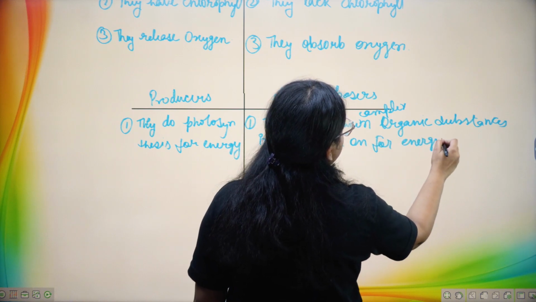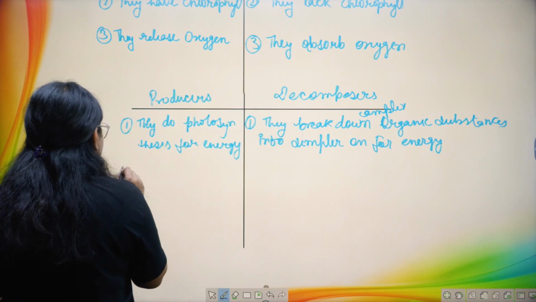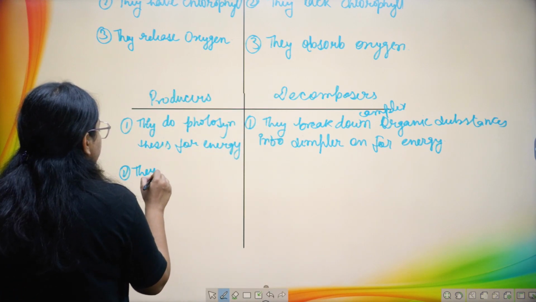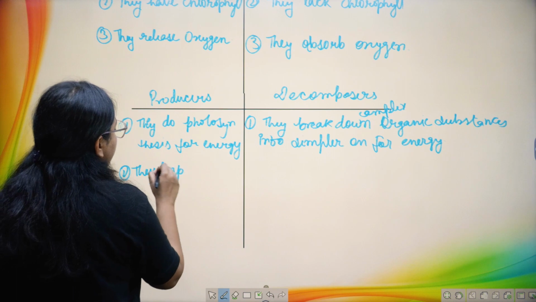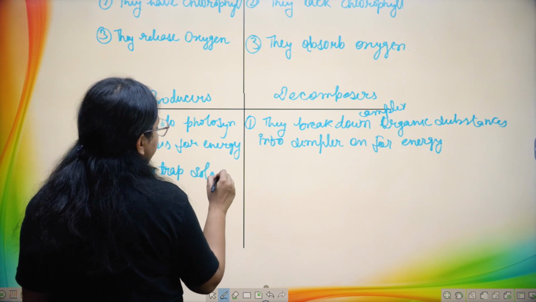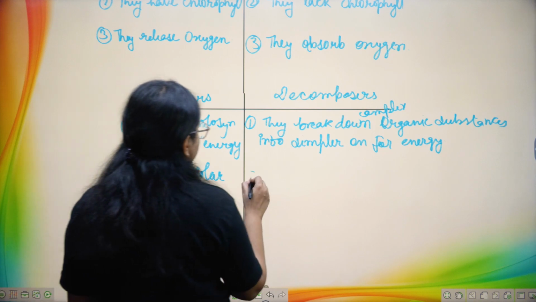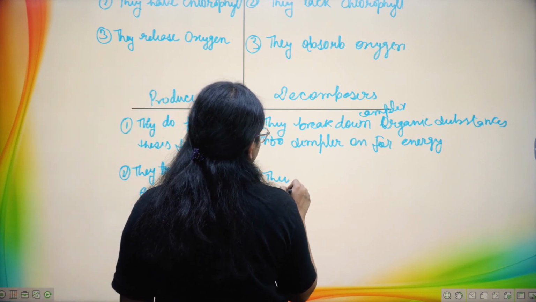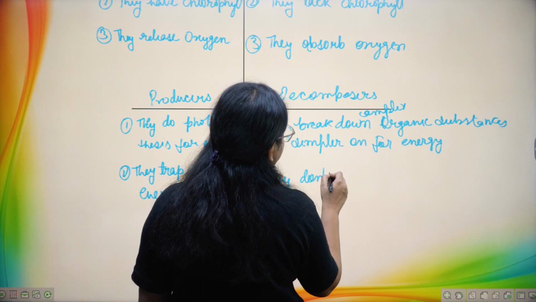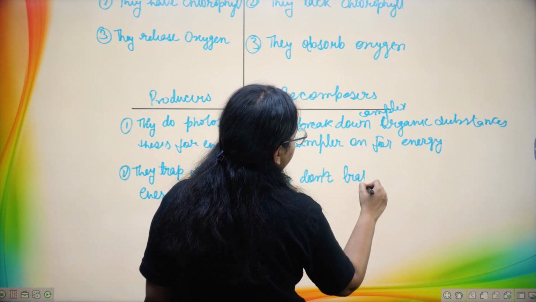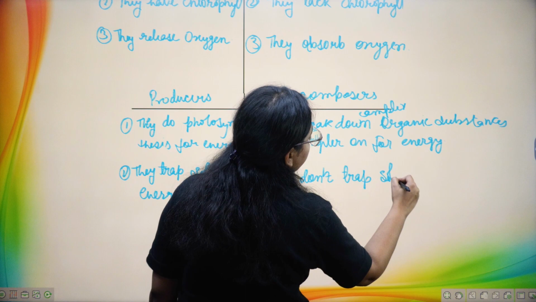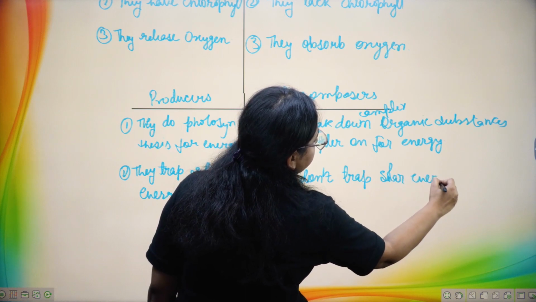Second, producers trap solar energy. Decomposers don't trap solar energy.